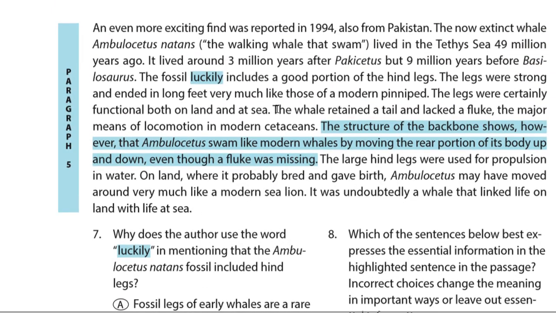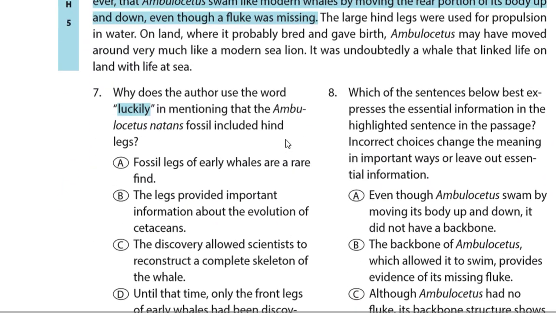Because here it also says the whale retained a tail and lacked a fluke, which is something abnormal, right? The normal thing is that you see the whale has a fluke, right? This is the normal thing. But after getting this fossil, the scientists were able to realize that whales retained a tail and lacked a fluke. So B is the correct answer.